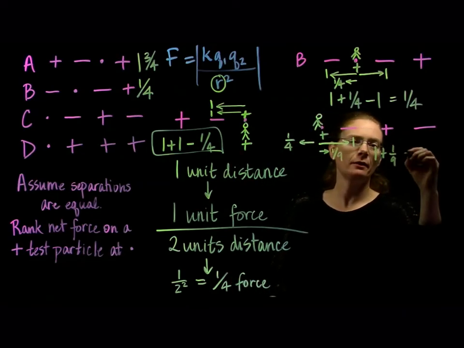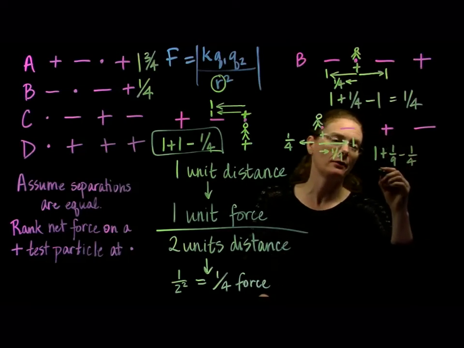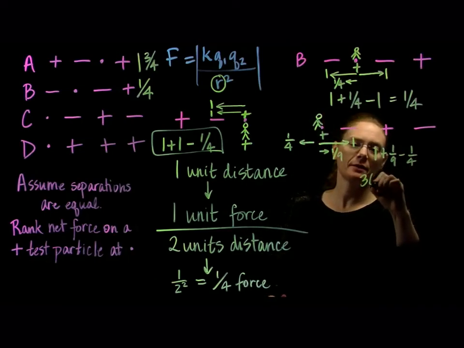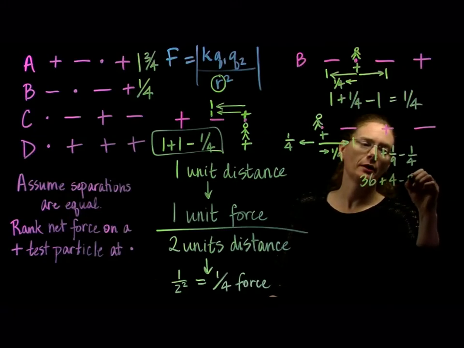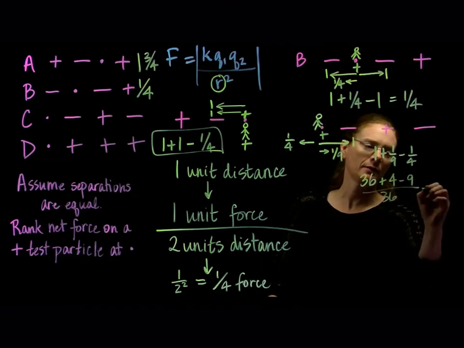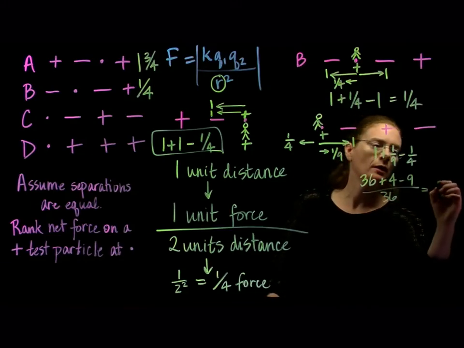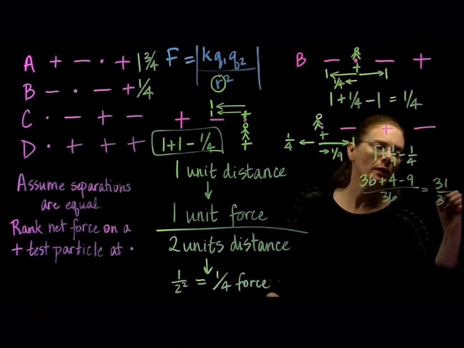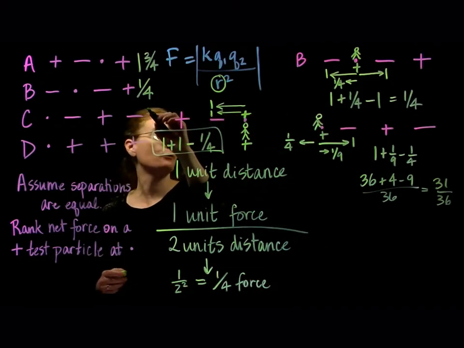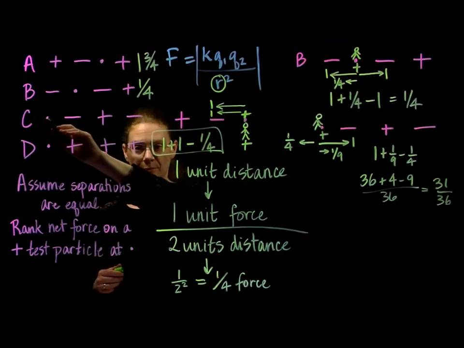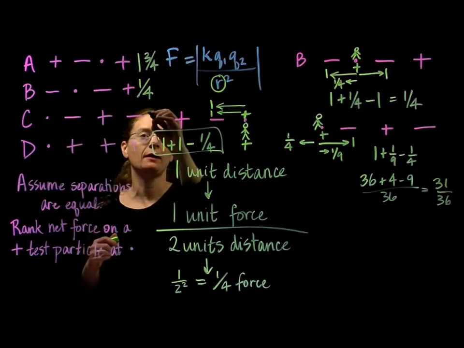These two add together, and then I'm going to subtract 1/4 off. 36 is a common denominator. 36 + 4 - 9 is 31/36. The size of the net force on the test particle for C is 31/36.